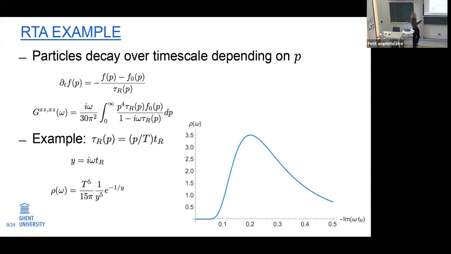And what this will actually look like at late times is that you will have a sub-exponential factor. For example, here we have this term e to the minus 1 over the imaginary part, and what this will lead to in real time is some e to the minus square root t, for example.